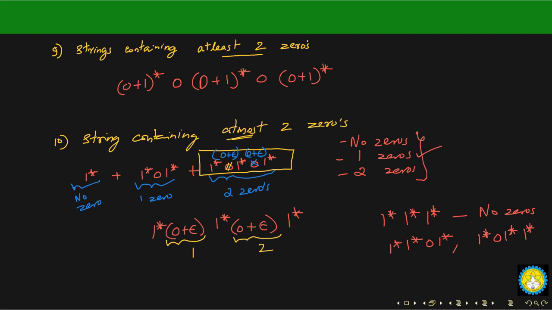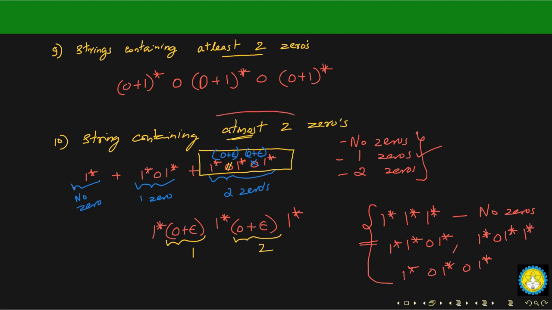Now in location 1 and location 2, I am accepting zeros. So the equivalent expression will become 1 star, 0, 1 star, 0 and 1 star. If you look at all these cases, it covers everything from no zeros, one 0 and two zeros. And that's what we want.